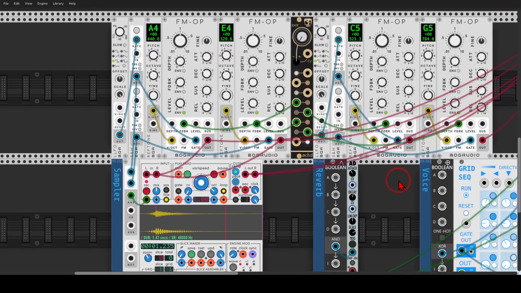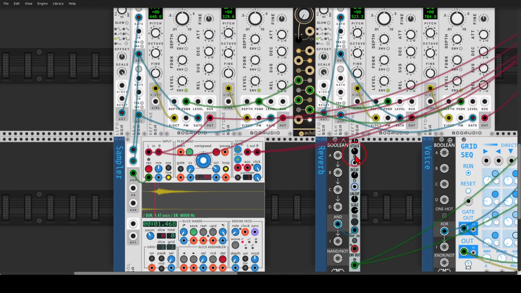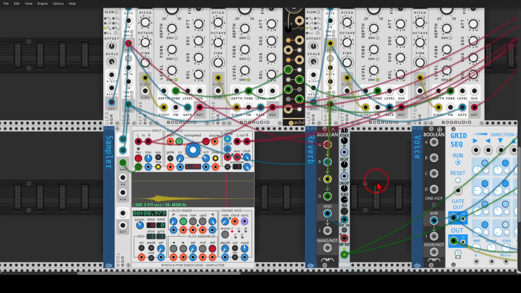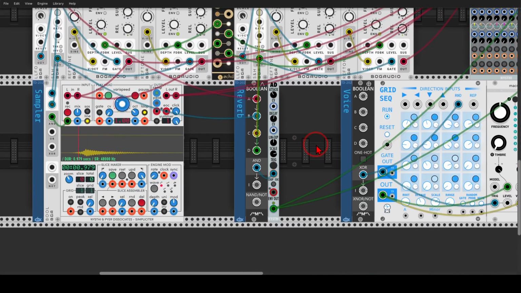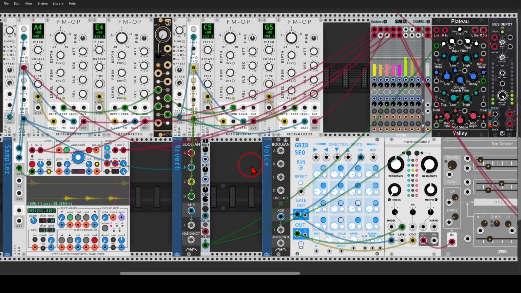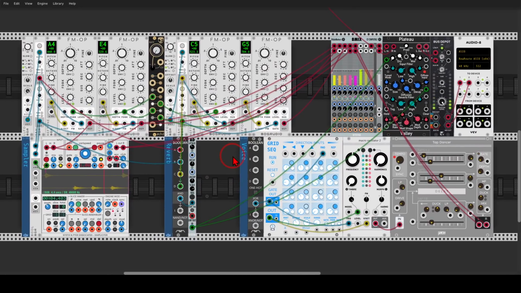So if I use all of the triggers, again this is an AND logic, all of the sample and holds, all of the signals from the voices here, now only when all 4 are high, or in this case above a certain point, because this is sample and hold, this envelope will be triggered and we will get this nice reverb tail. Let's wait for it. We will see when the light here goes green, that it will happen. Just like it did now.